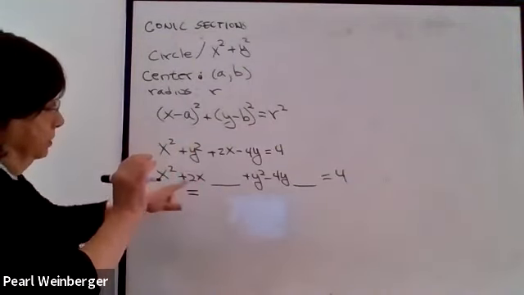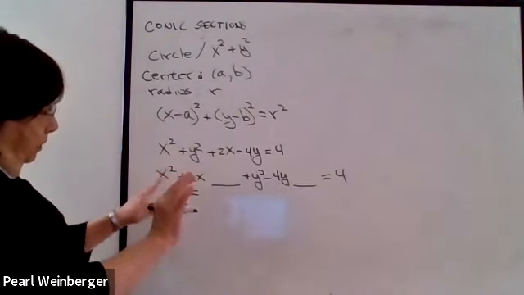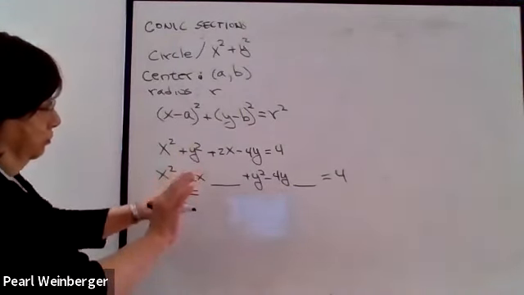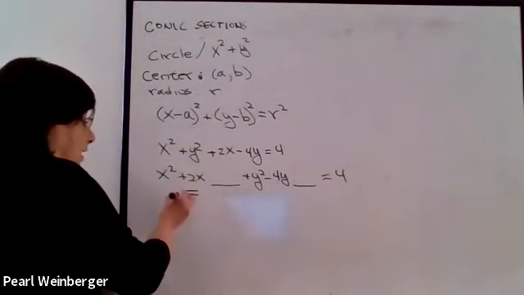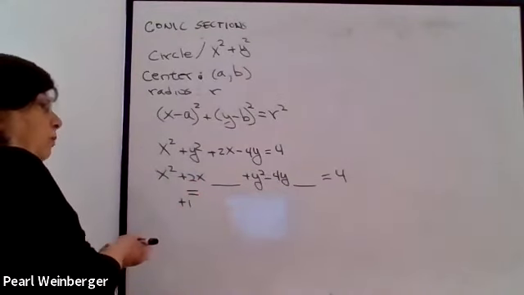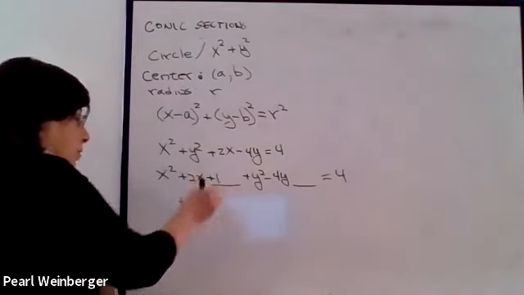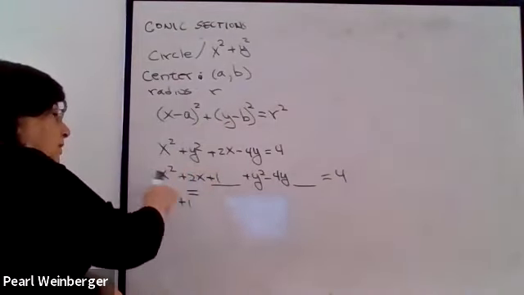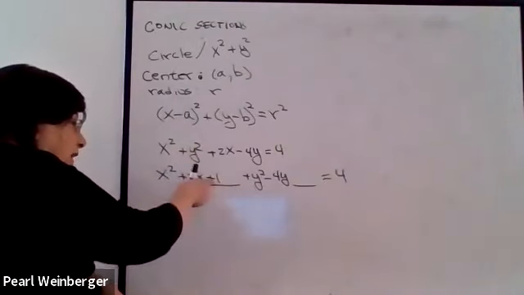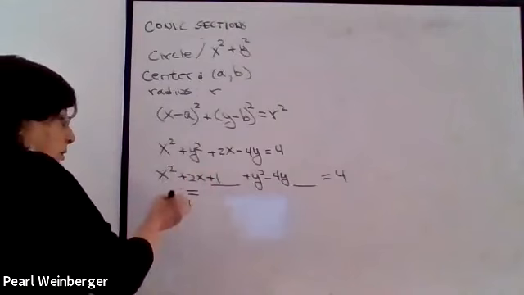Remember, when we complete the square, let's do first the x part. We have the x squared. We look at the number in front of the x. The coefficient of the x is 2. We divide it by 2, so we get 1. And we multiply that number by itself. 1 times 1, and we get plus 1. In order to complete the square on the x's, I have to add 1, because then this will be a perfect square binomial.